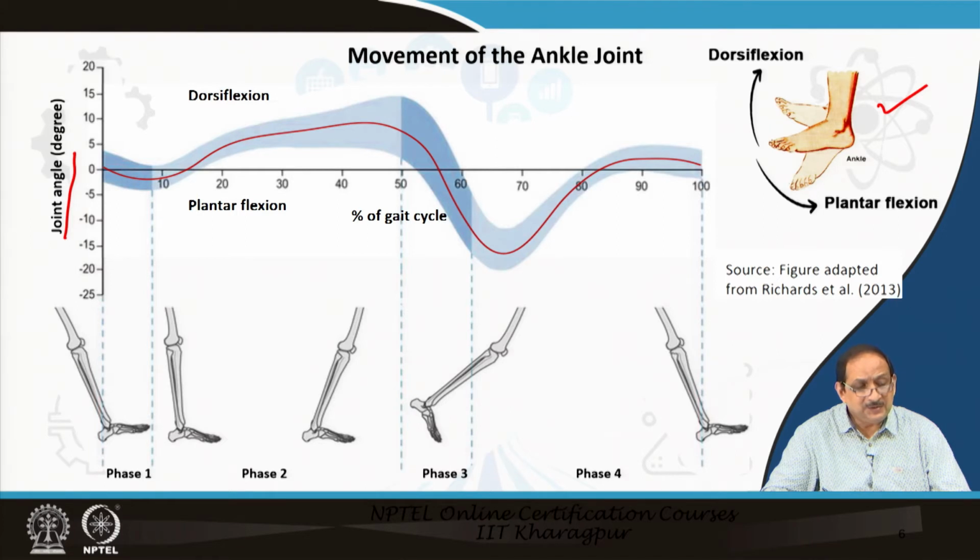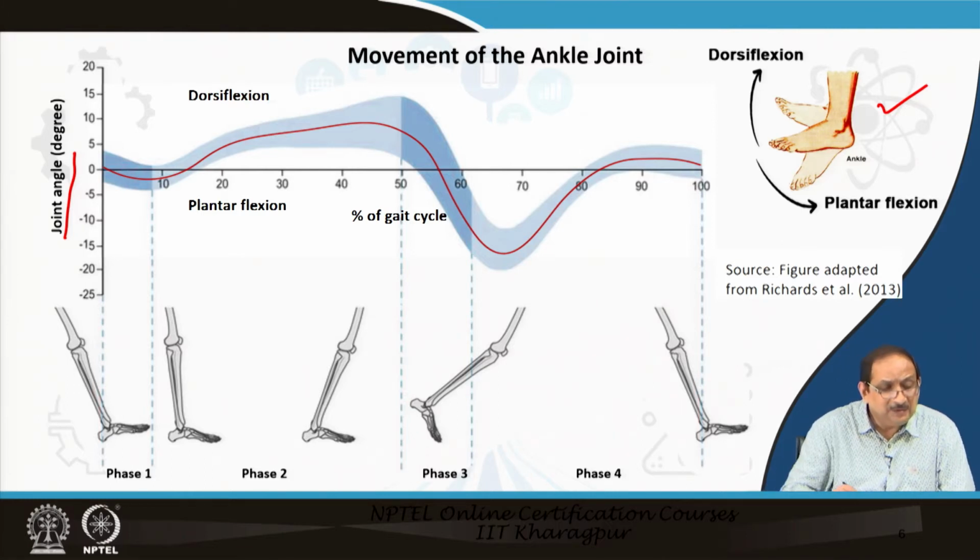It contains various phases. The range of motion of the ankle joint during walking varies between -20 degrees and +10 degrees.